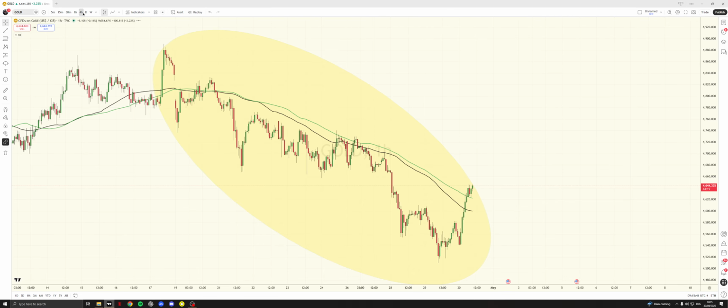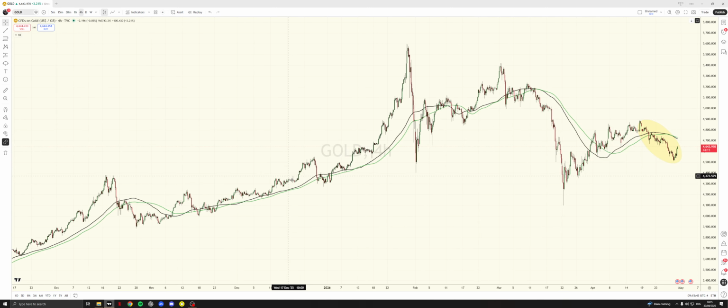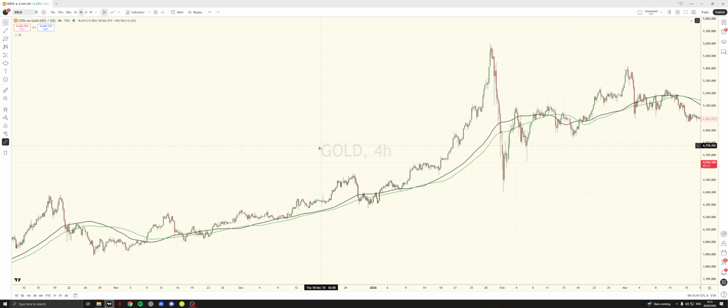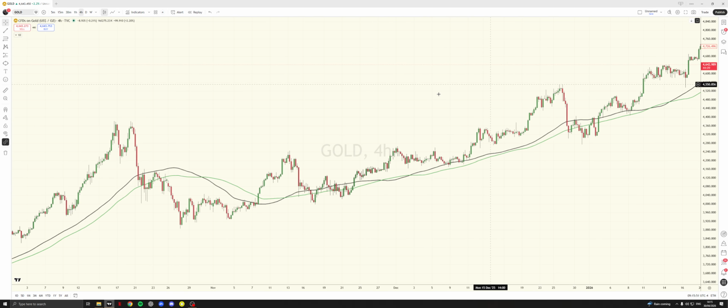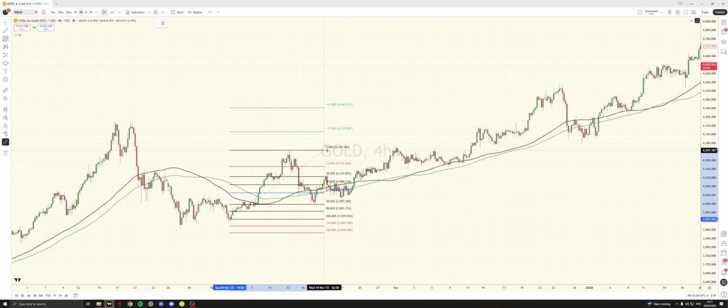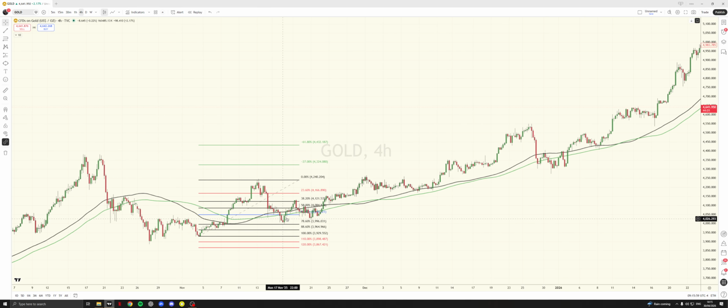A 4-hour example of me choosing the 4-hour time frame for fibs would be in a nice bullish trend like this in the past, where we had point A, point B all the way up here. We got a retracement of 61.8%, and it was a nice push.